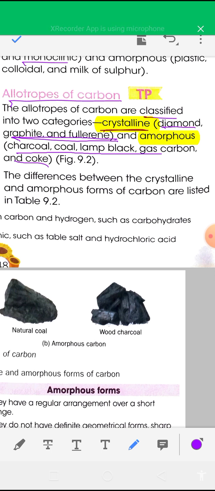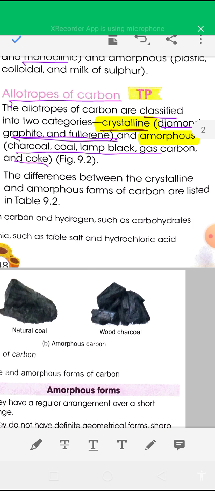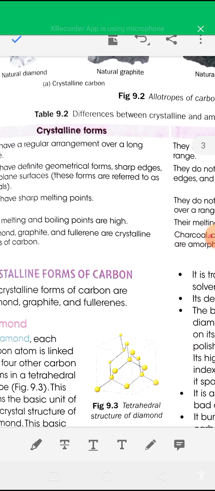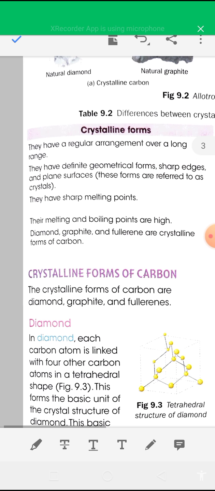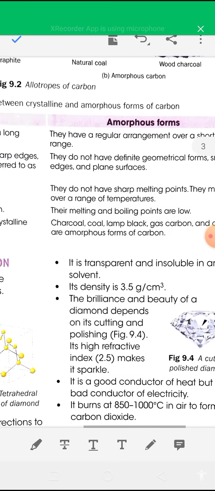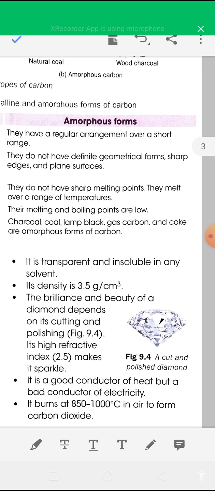Here the difference between crystalline and amorphous allotropic forms of carbon is given. Crystalline forms of carbon have a definite geometrical form and definite shape, but amorphous forms do not have a definite geometrical form. They are powder type.